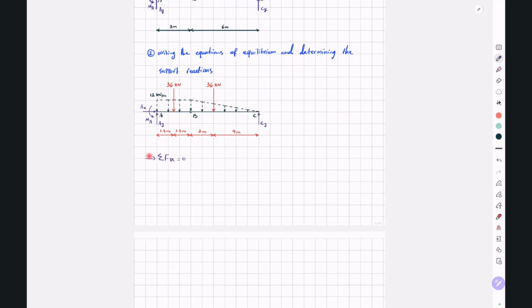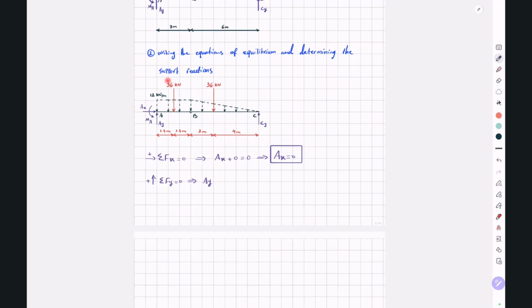In the y direction, we can write sigma Fy equal to 0, this direction. So AY minus 36 minus 36 plus this CY is equal to 0. So AY plus CY will be equal to 72 kilonewton.